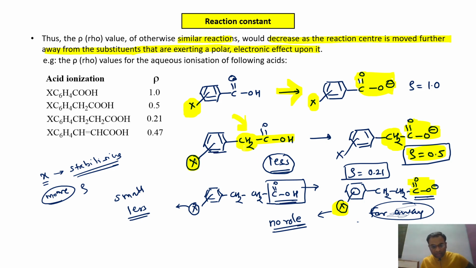So susceptibility for the second reaction decreases, and for the third reaction, as we introduce two CH2 groups, the susceptibility of this reaction center towards this X is almost zero, and therefore the rho value is very small, that is rho equal to 0.21.